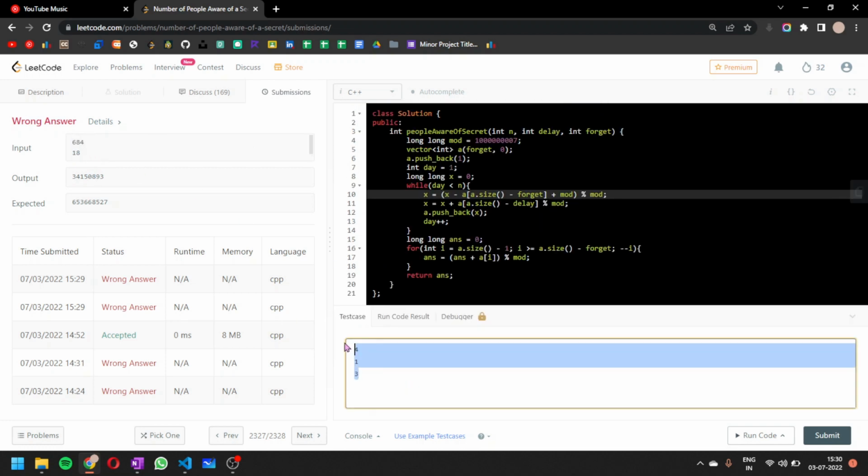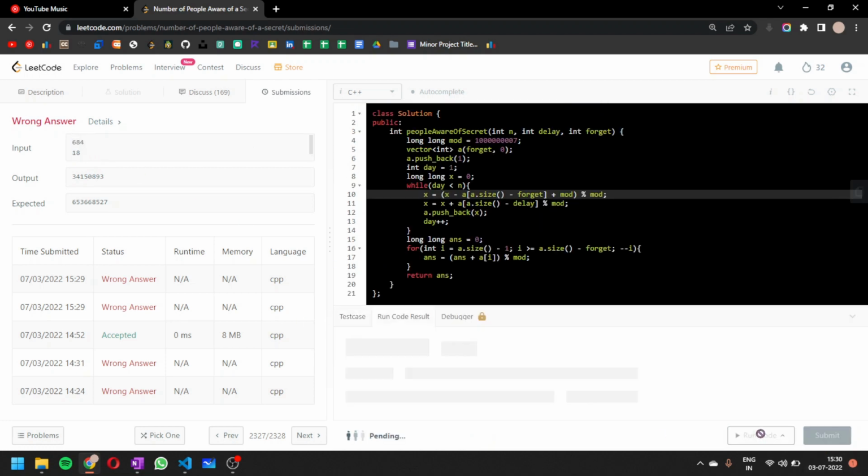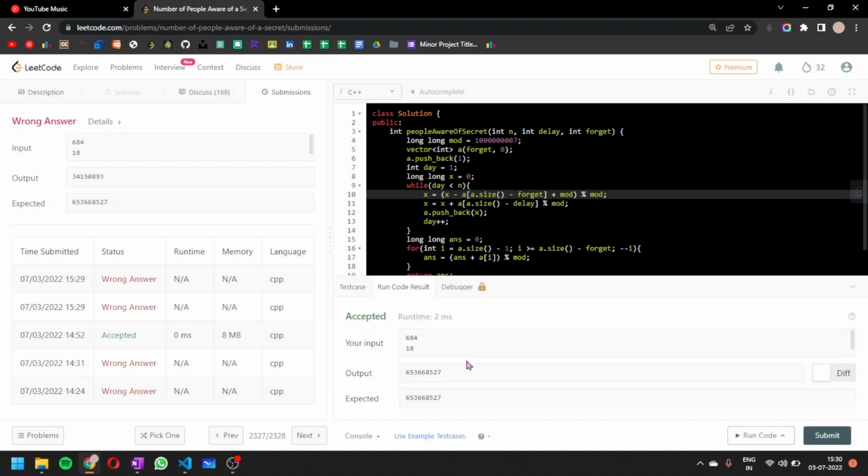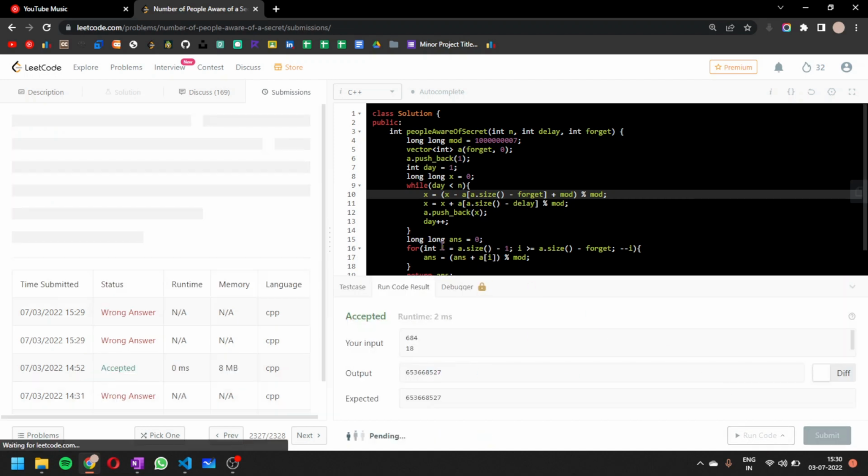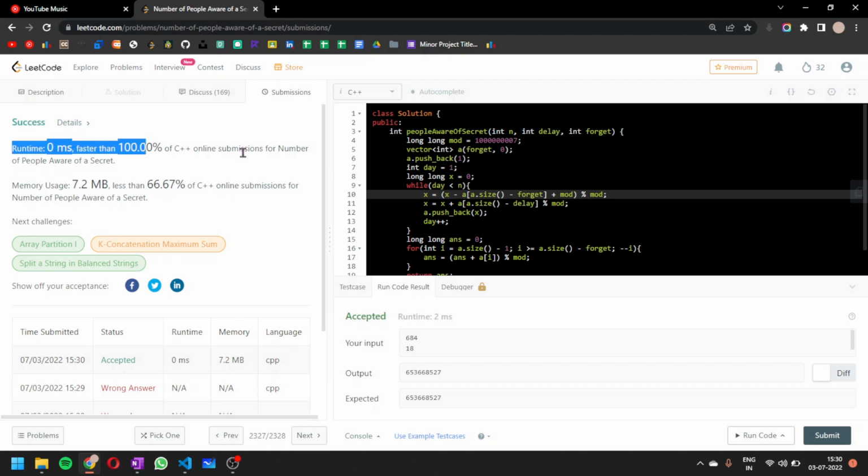So now if we try to run this test case, it should not give us any error. Yeah, it is not giving us any error. Now if we try to submit it, it will succeed. So you should take care of this thing as well, that is why we have to do this.